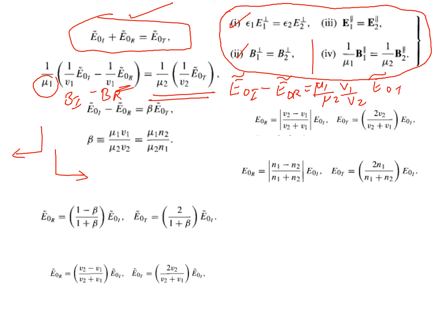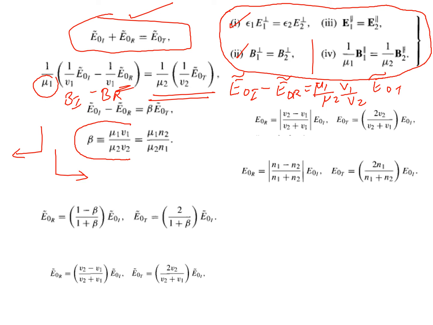Okay, so just rearranging this equation. And this mu1 V1 by mu2 V2 is termed as beta.